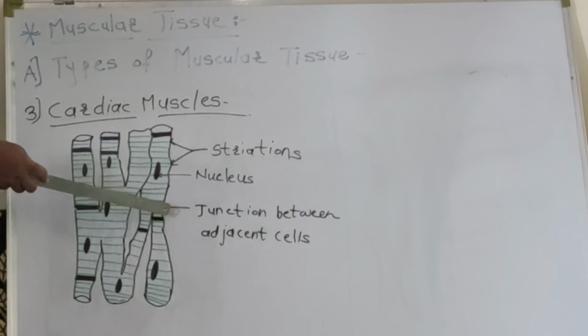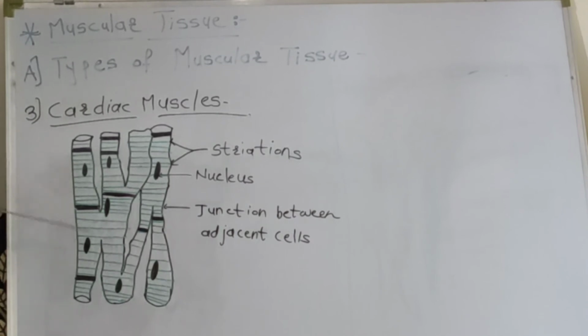And you can see this is the junction between adjacent cells. That means it shows branches at the tissue, and they get joined together. That's why it is also called the junctions of the adjacent cells. This is formed by transverse thickening of the sarcolemma.